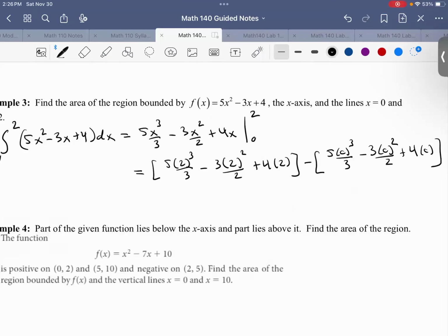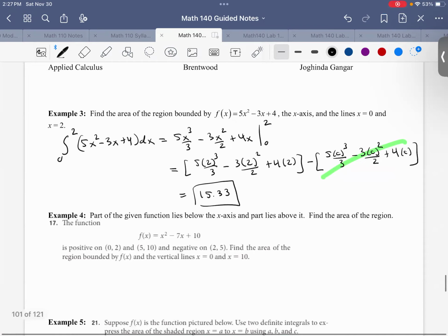But you should identify now that this 0 bracket is just all going to go to 0. So I don't even need to worry about that anymore. I only need to worry about evaluating at 2. And so what this ends up being is just 15.33, and that's it. I just need to integrate it from 0 to 2.